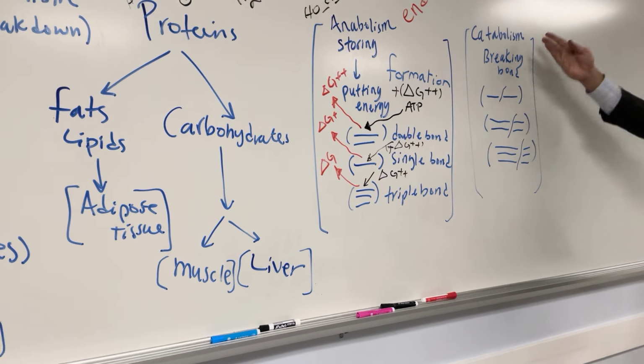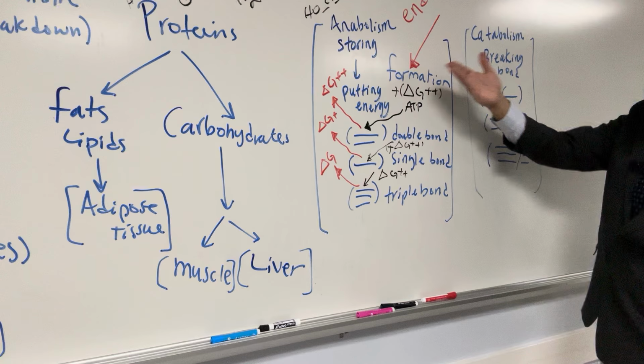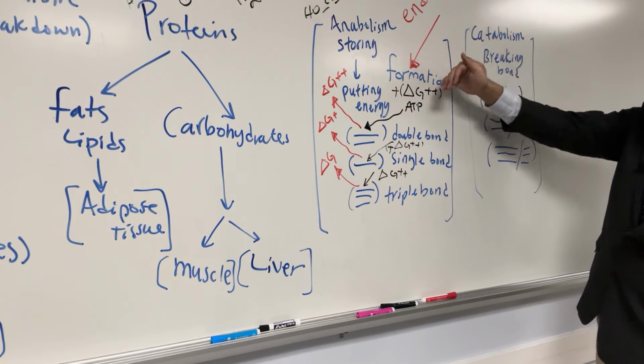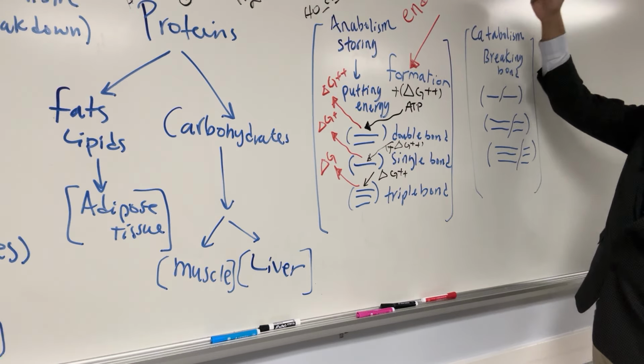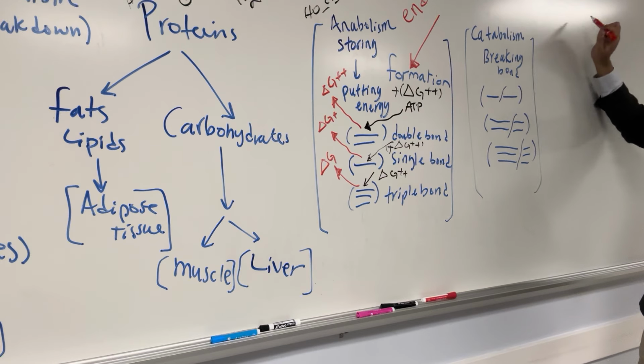When I break down the bond, what's going to be the direction of the energy arrow? When it was anabolism, it was endergonic, the arrow was pointing that the energy is being stored in the bond. Now, when we break the bond, is the energy arrow going to point in or out?